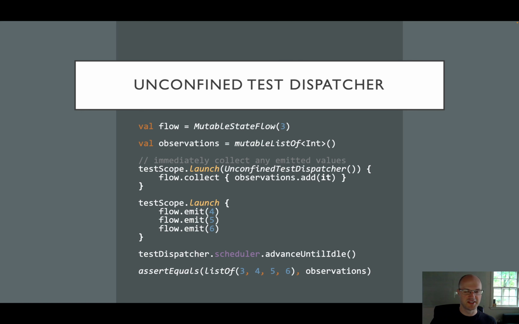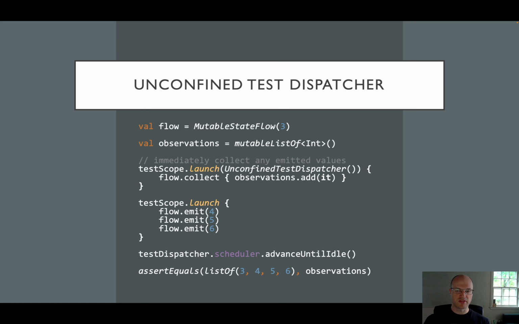So that's kind of where you might have to be familiar with the object here. So essentially, in that situation, if the scheduler runs emit, the subscriber is not collecting quickly enough because it hasn't been resumed at all yet. So when it finally resumes, it will only see that final value. So the results would actually just be 3, 6. It would only collect the initial value, which was from the constructor, and then the very last value.